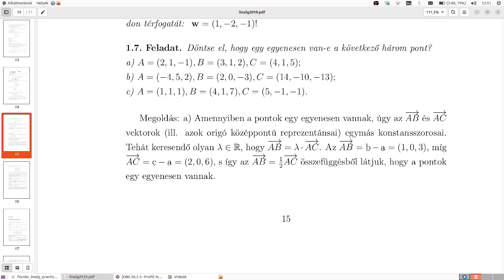Okay, I write AB, and that's nothing more than 3 minus 2, then 1 minus 1, then 2 minus 1. So that will be 5, 0, and 3. Okay? You calculate C.